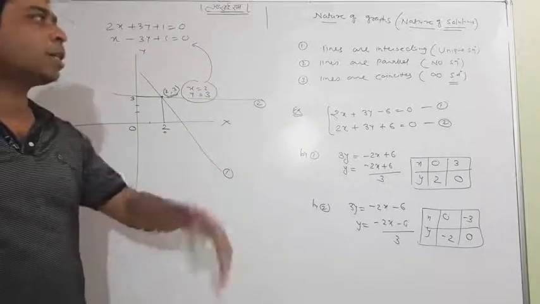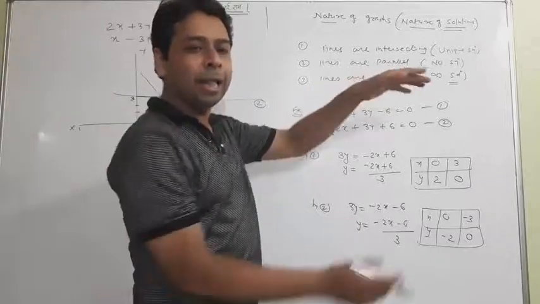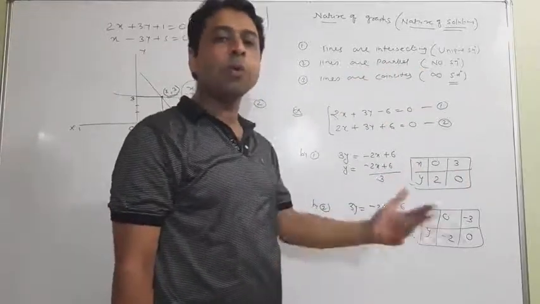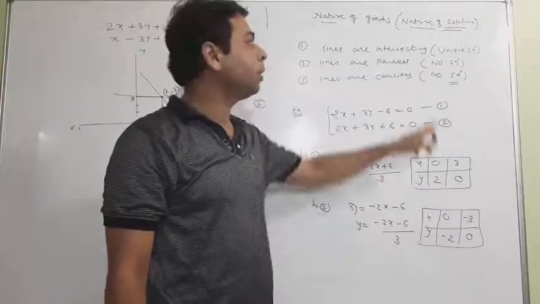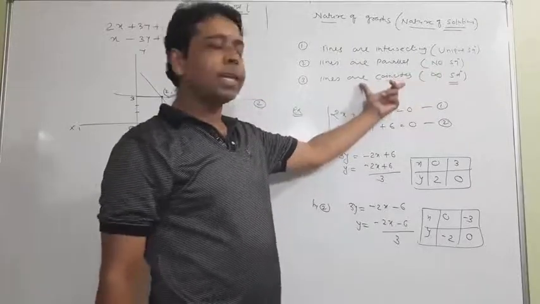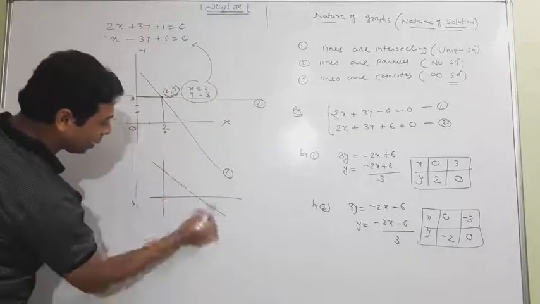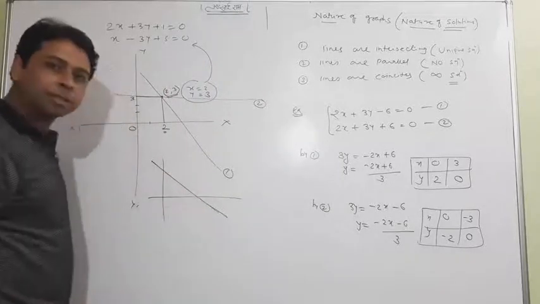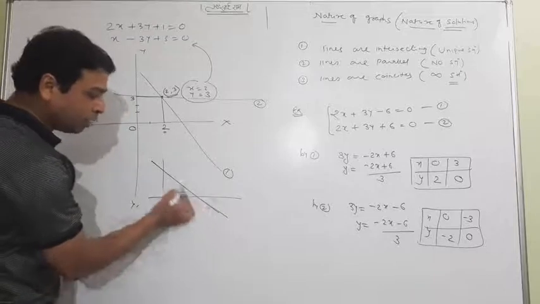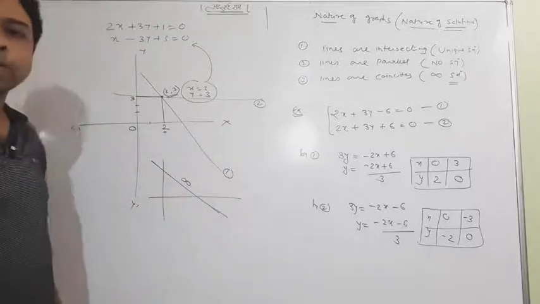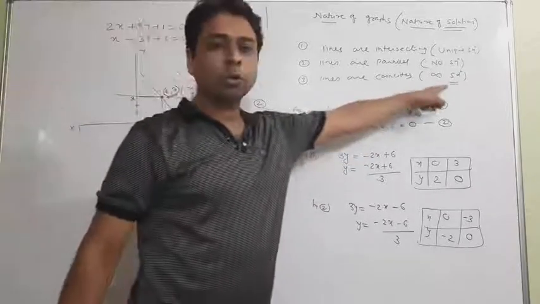Now you can understand when lines are parallel, they will not meet anywhere. So when they won't meet, how can we get a solution? Meaning no solution. And in the coincident case, they meet at all points, at infinite points, so it is called infinite solutions.